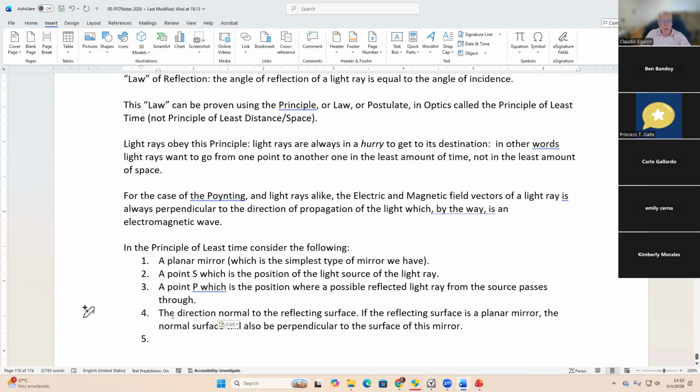The direction normal to the reflecting surface. Now you already know what's the normal direction, right?